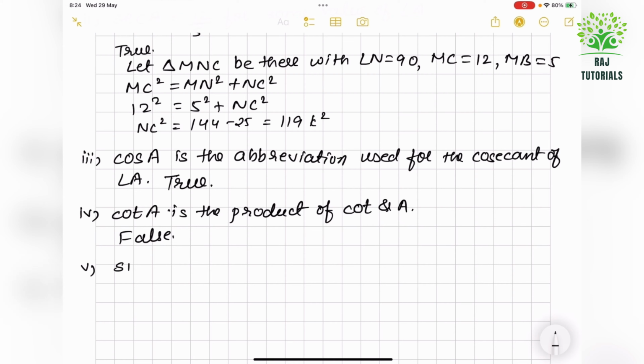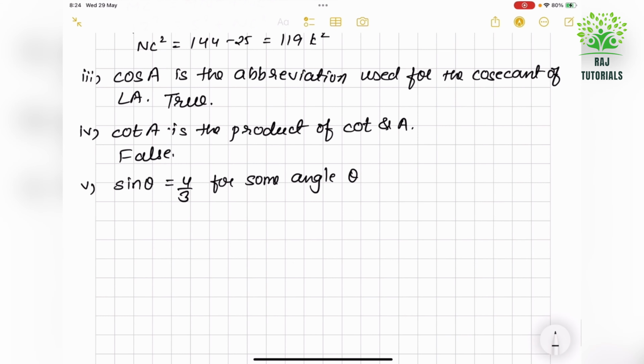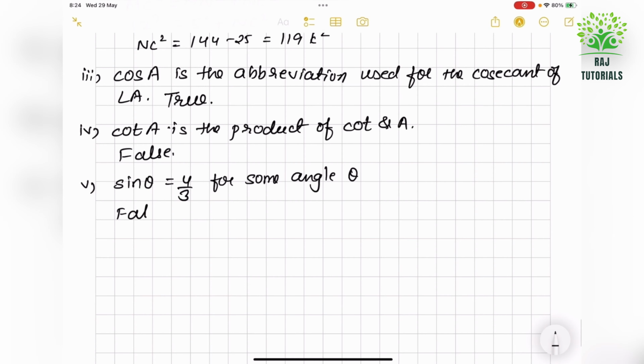Then the fifth one says sine theta equal to 4 by 3 for some angle theta. This is also false.